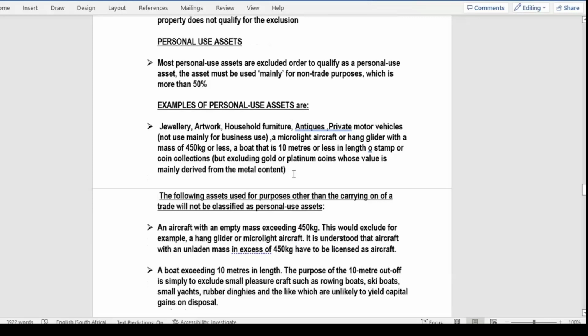Examples of personal use assets are as follows: jewelry, artwork, household furniture, antiques, private motor vehicles not used mainly for business, a microlight aircraft or a hang glider with a mass of 150 kilograms or less, and a boat that is 10 meters or less in length, stamp or coin collections, but excluding gold and platinum coins whose value is mainly derived from the metal content.